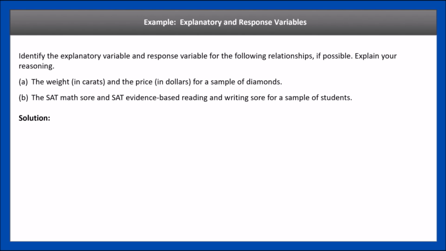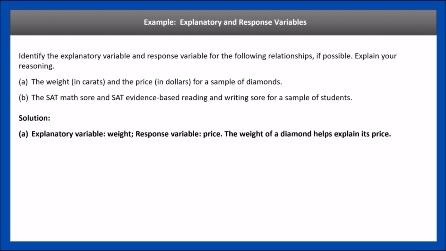The explanatory variable is the weight in carats because the weight helps explain the price of the diamond. The greater the weight in carats, the greater the price of the diamond. That makes sense, right? So the response variable is price because it responds to the change in the weight. So the weight of a diamond helps explain the price.